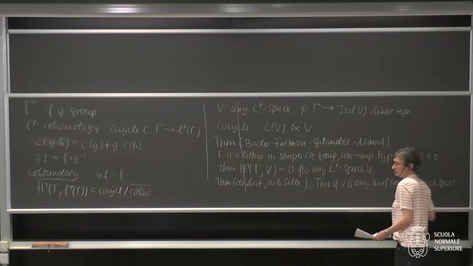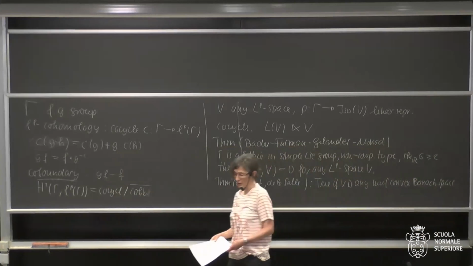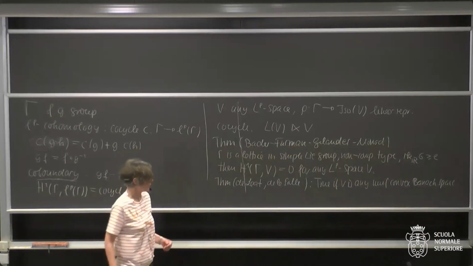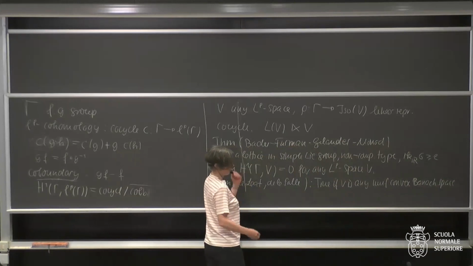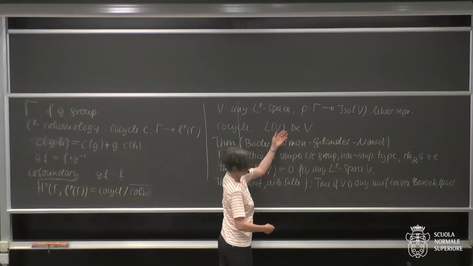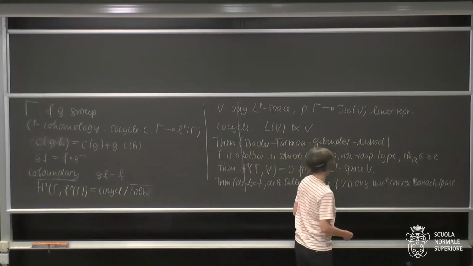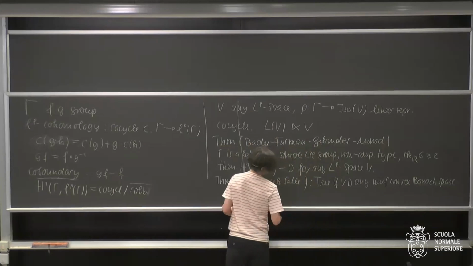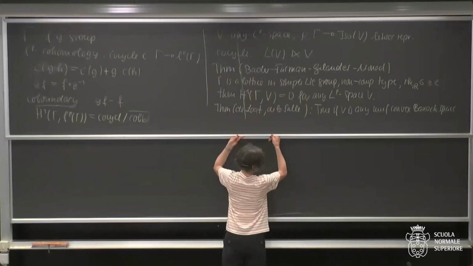So what this means is that lattices in simple Lie groups of non-compact type and higher rank have no non-trivial, in some sense, actions in this sense here on Lp spaces or uniformly convex Banach spaces.